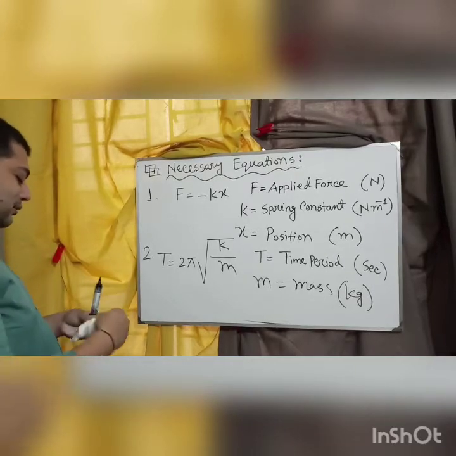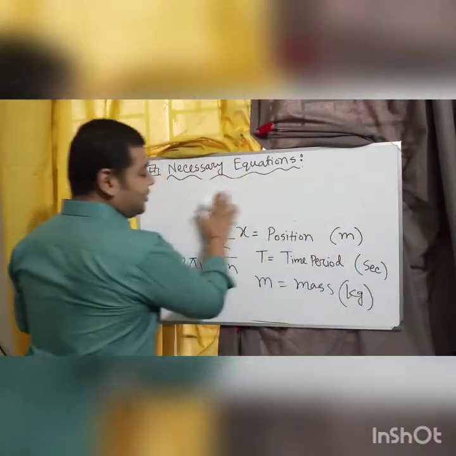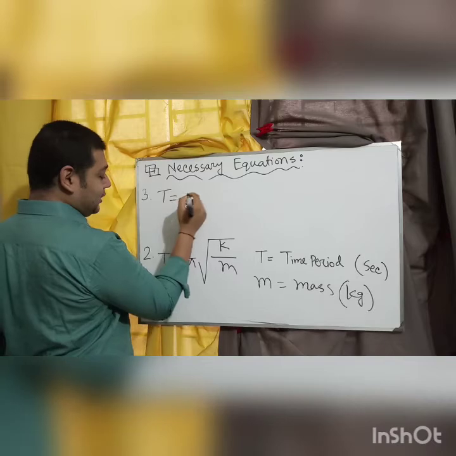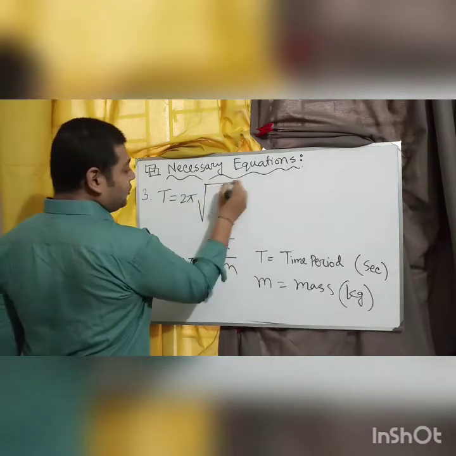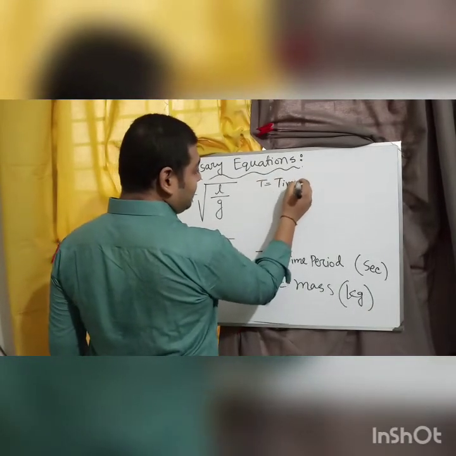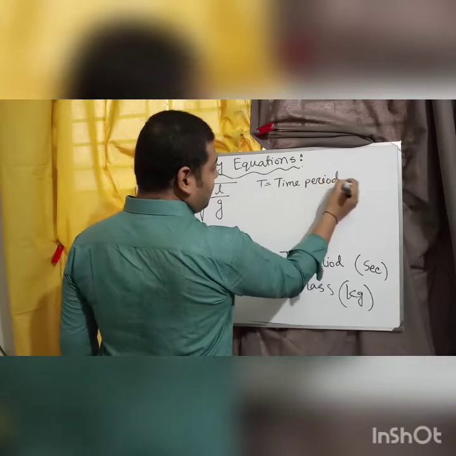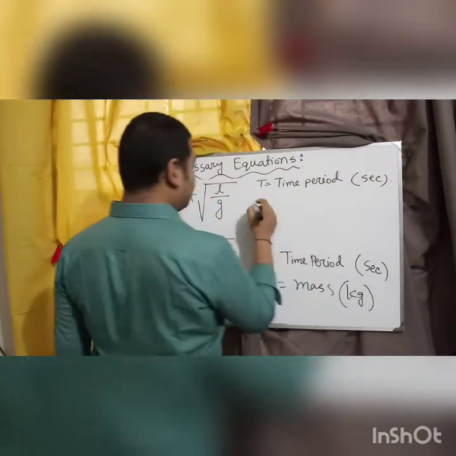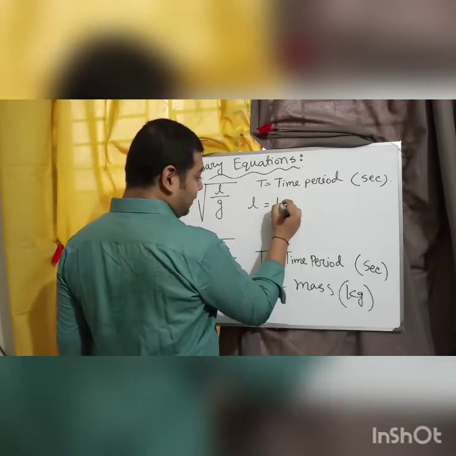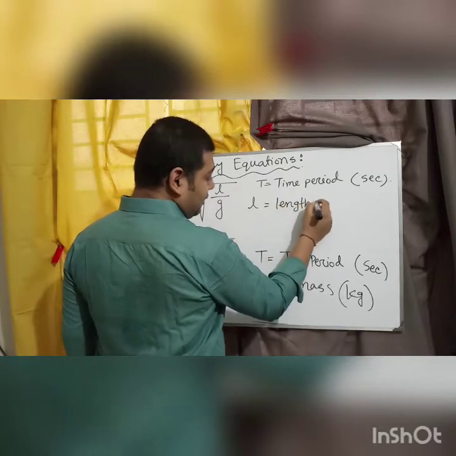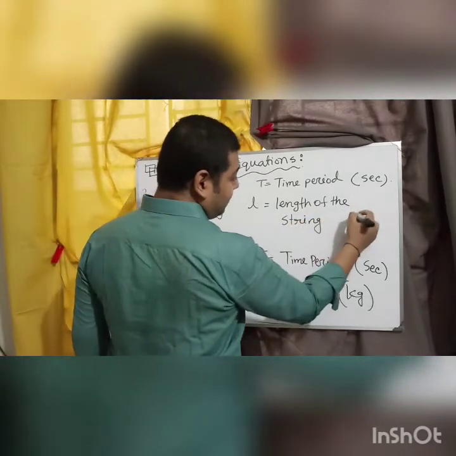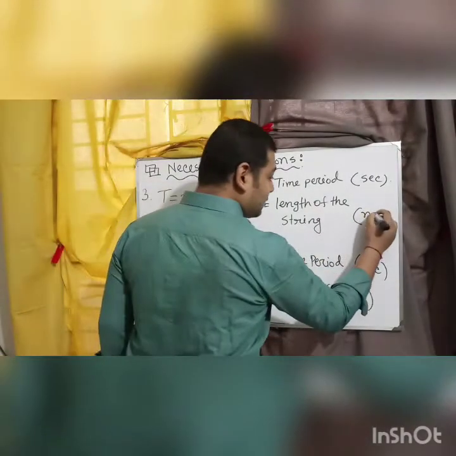Then our third equation, equation number 3. Here also T = 2π√(L/g). Here T is the time period, unit second. L is the length of the string, and the unit of length is also meter.